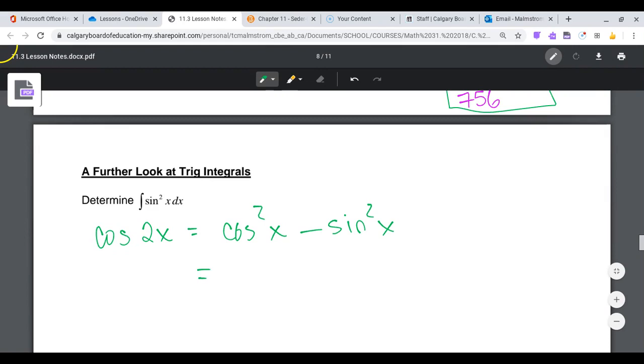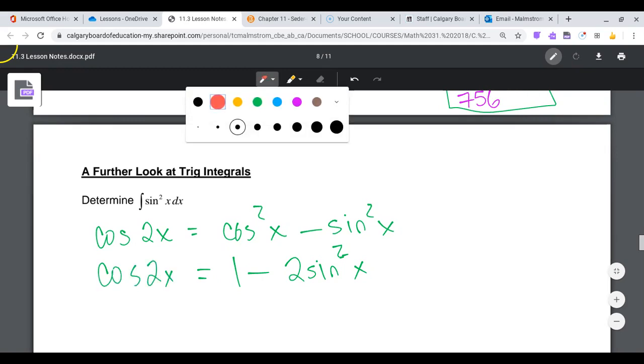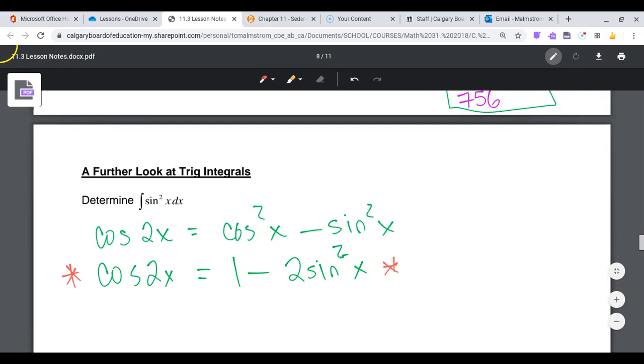So what about if I say cos 2x is equal to 1 minus 2 sine squared x, because cos 2x has 3 different possibilities. So let's maybe use that one instead. Okay, so I'm just looking on my formula sheet and I'm going to use this identity because it's the one in terms of sine squared.